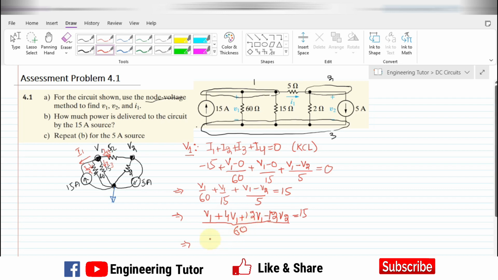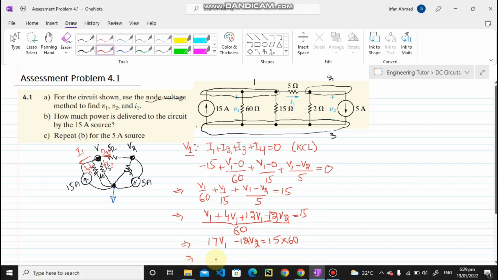By simplifying it, I will get 17V1 minus 12V2 is equal to, moving this 60 to the other side, 15 multiplied by 60. So the ultimate equation will be 17V1 minus 12V2 equals 900, since 60 multiplied by 15 is 900.